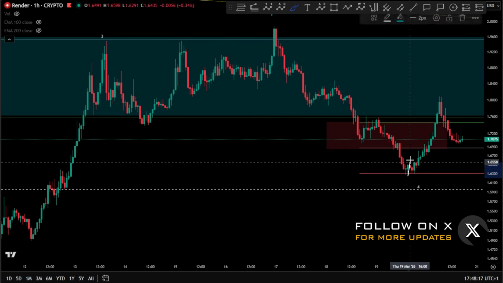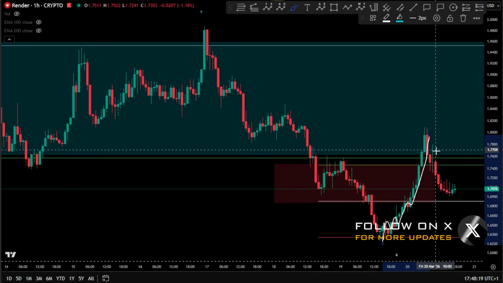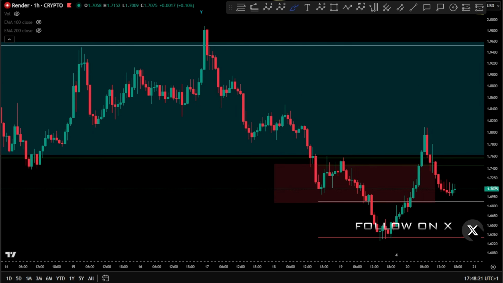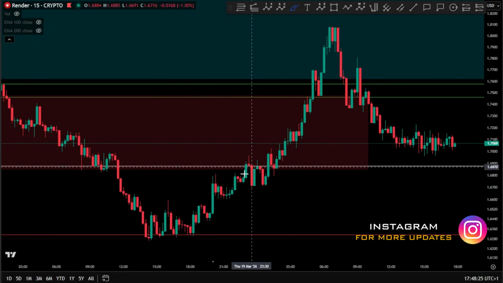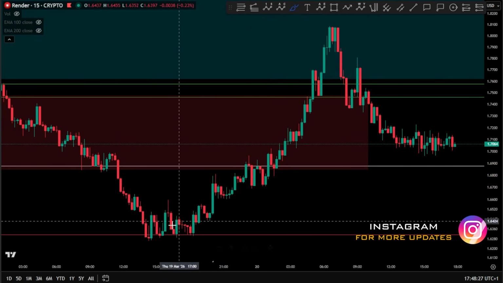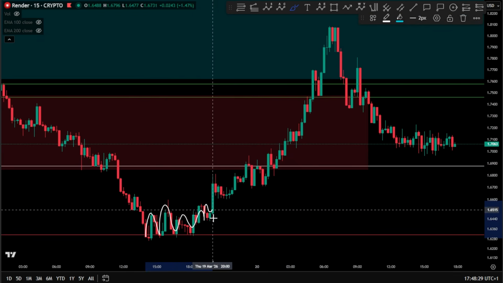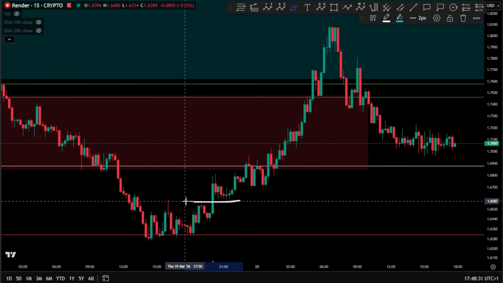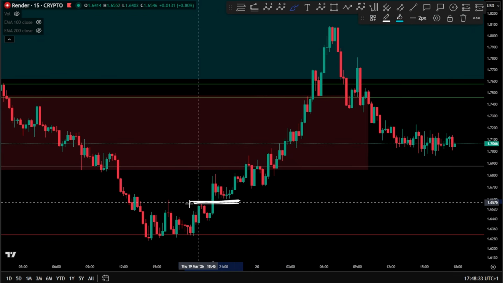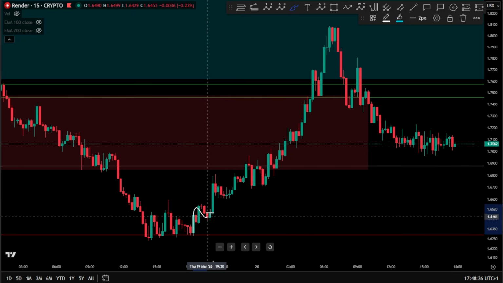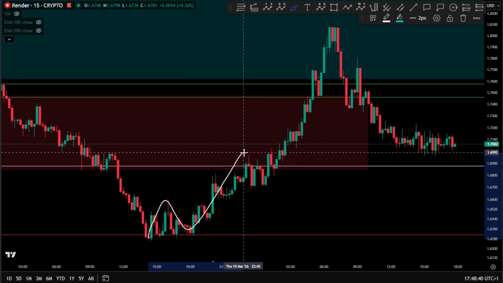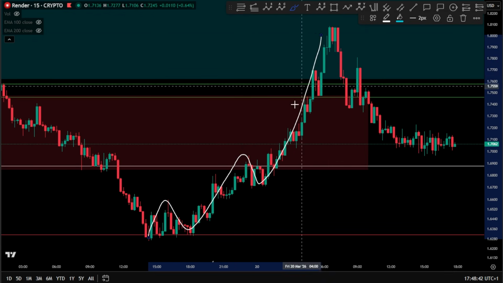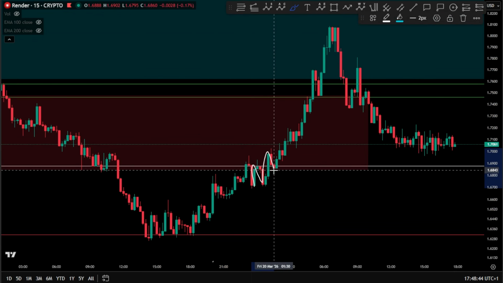Of course, I know that this looks like an impulsive wave, but internally I don't think that this is a perfect impulse. As you can see, everything is overlapping inside this move since the beginning. Maybe the only part that it doesn't overlap is exactly here, where you might have 1, 2, 3, 4, and a 5, and that means, okay, if this is your 1, 2, 3 here, 4, and a 5, then the wave 5 is 1, 2, 1, 2.